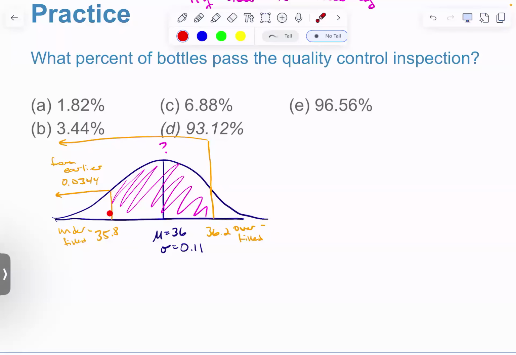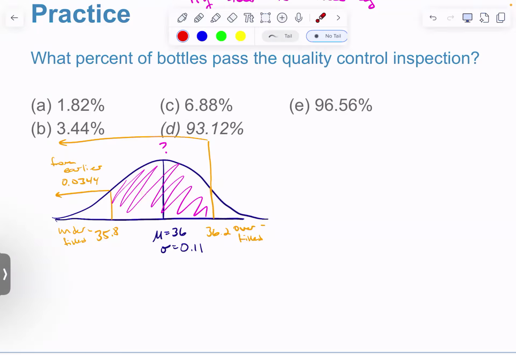That would get me the area I want. So it doesn't matter how you solve these. There are some really crazy ways you could do it. You could say, I know what this area is, and I know what this area is, and add them up, but that's going to be way more work. You could do that though.